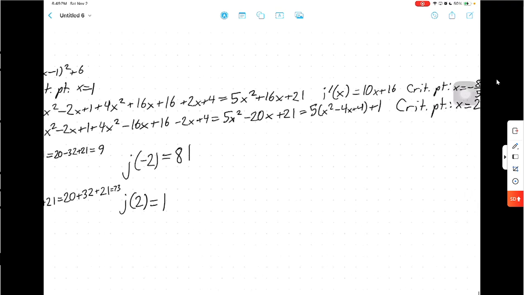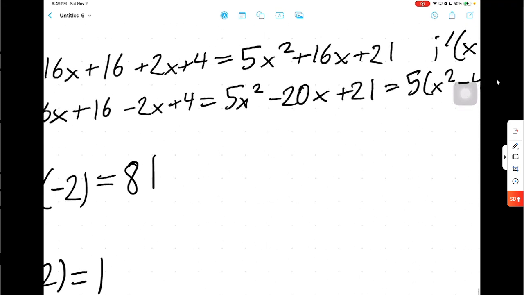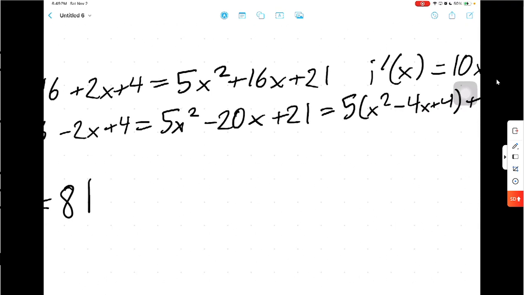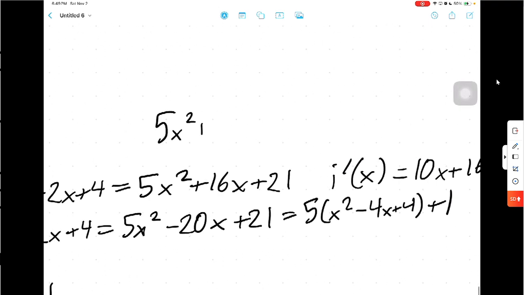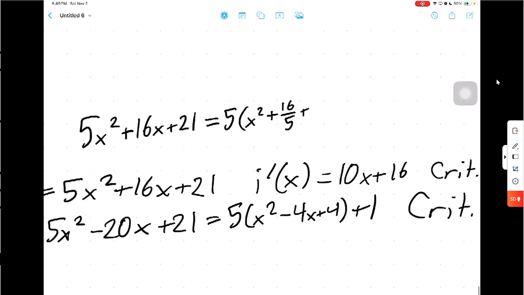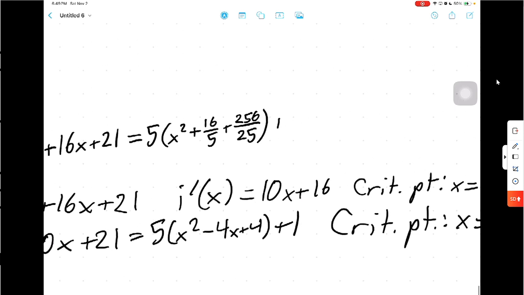And then I of negative 8 fifths. Let me see if I can make 5x squared plus 16x plus 21 into completed-square form: 5 times x plus 8 over 5 squared, plus 21 minus 64 over 5.